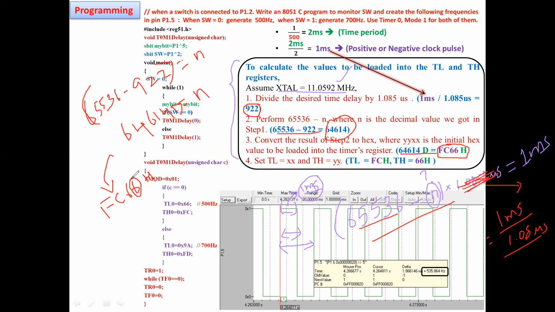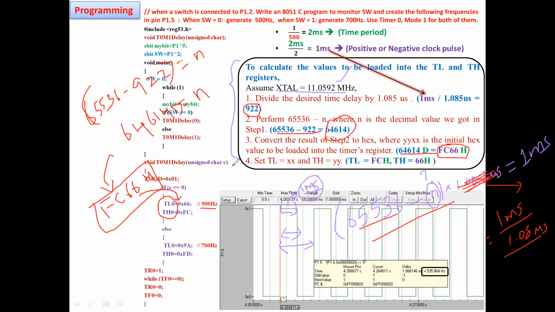Small changes won't reduce marks. So approximately you should get FC66. Now if you put this value in the timer register, you can obtain 50 Hertz frequency as the output.